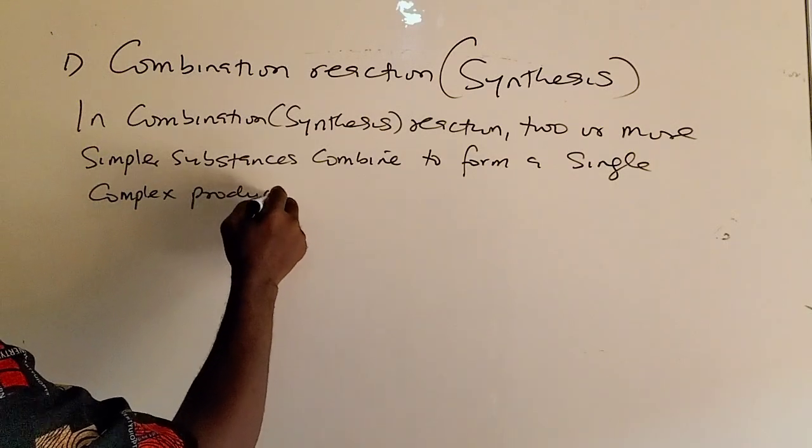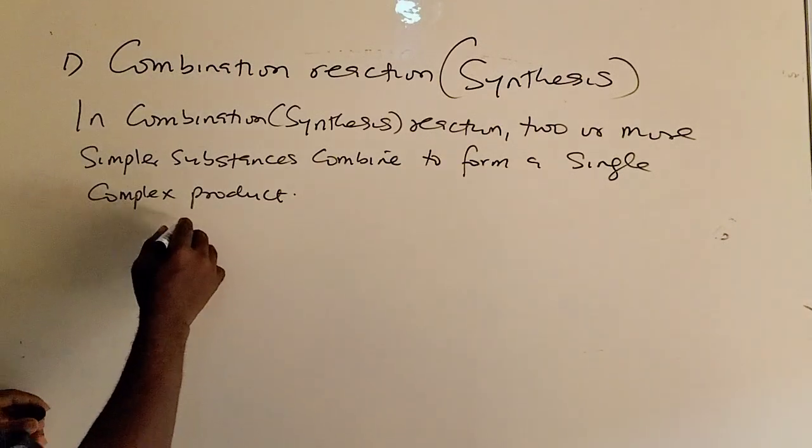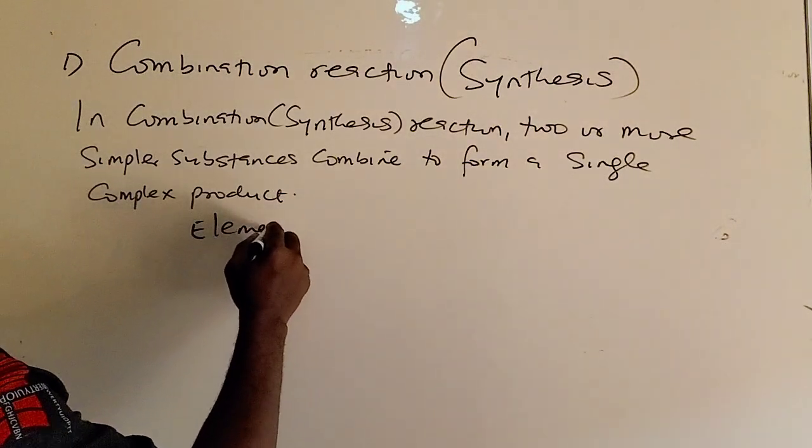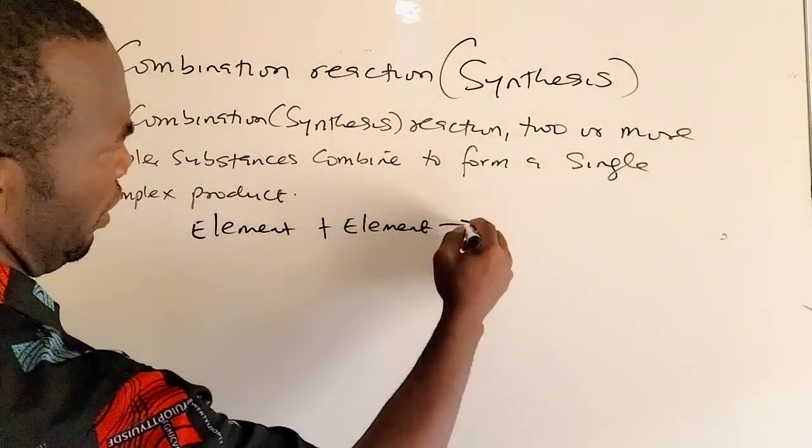So you see, the characteristic or uniqueness of combination reaction is that the reaction must involve two or more reactants, but you only have one product. That is combination reaction. It could involve an element and another element, giving us a compound.